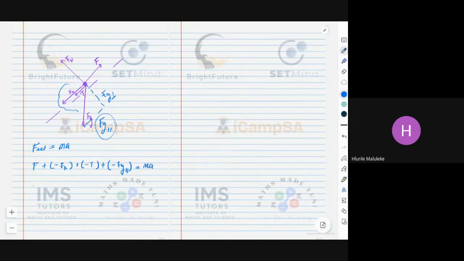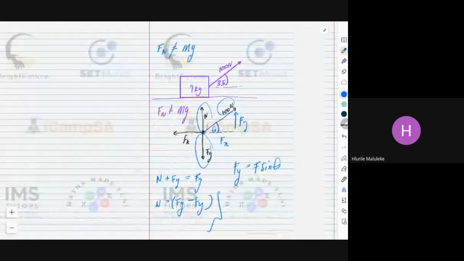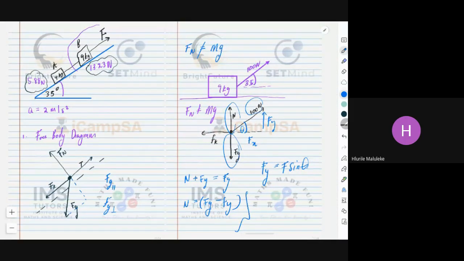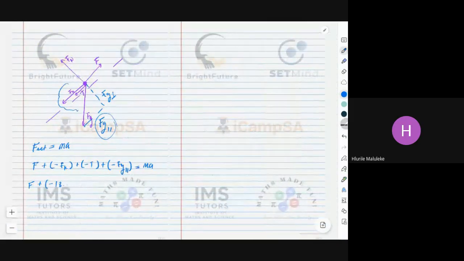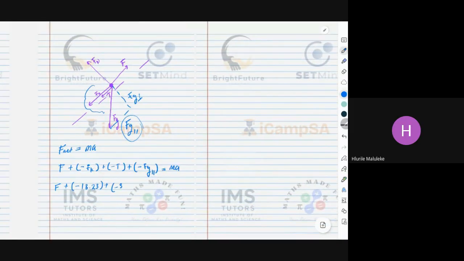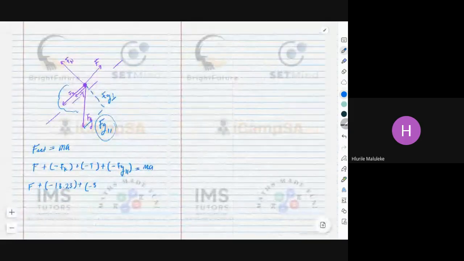So we're going to have F minus 13.23 minus 36.36 plus now this one here.